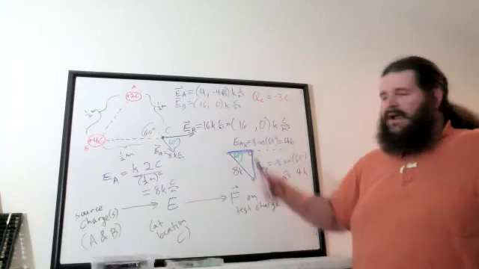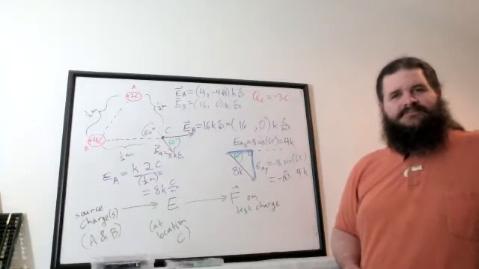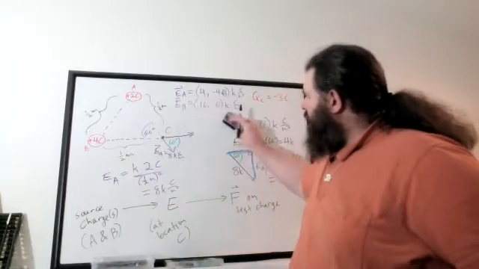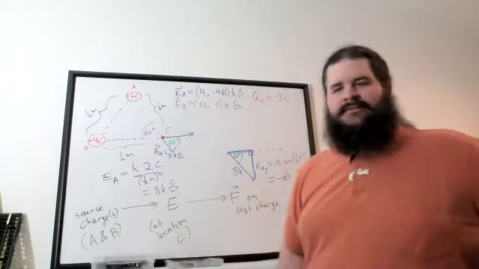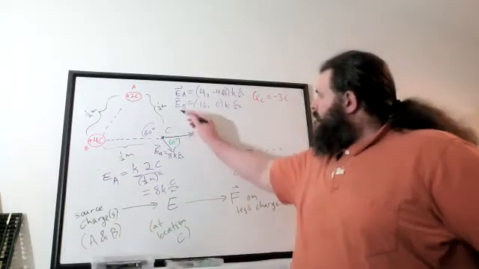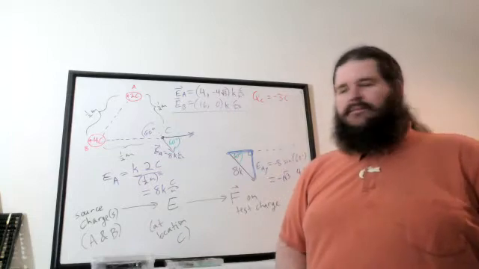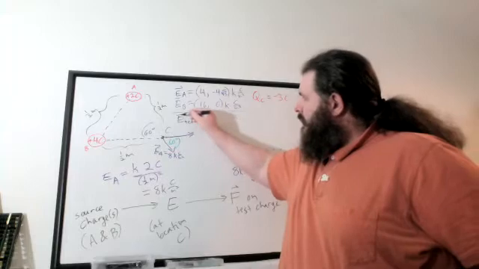Now what can we do to add these up now that we've got it in components? What's the whole point of converting these into components in the first place? So that you could find the total? Yeah, we want to find the total electric field, E net.